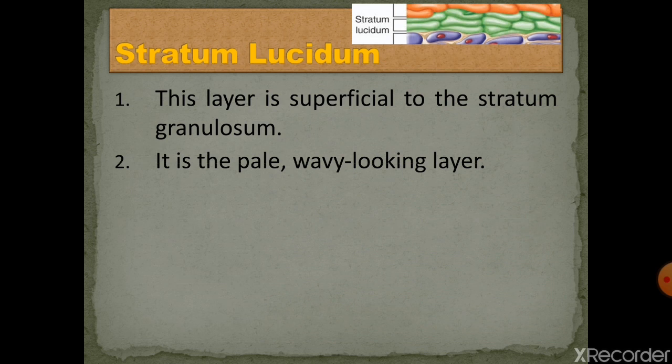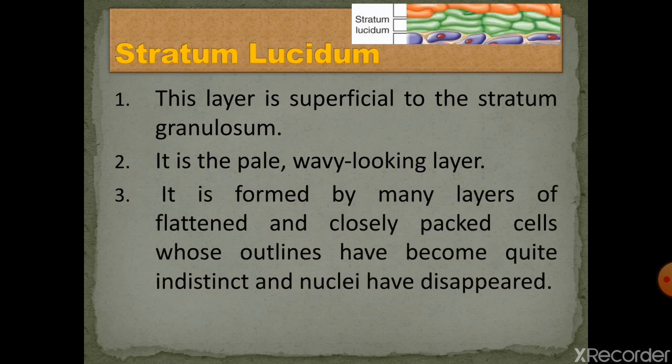It is a pale, wavy looking layer. It is formed by many layers of flattened and closely packed cells whose outlines have become quite indistinct and nuclei have disappeared. So the cells do not have a nucleus, or the nucleus of the cell disappeared in the cells of stratum lucidum and also in the cells of stratum corneum.